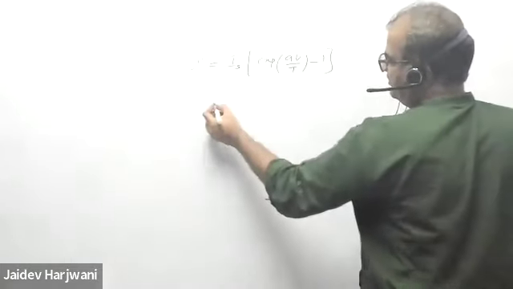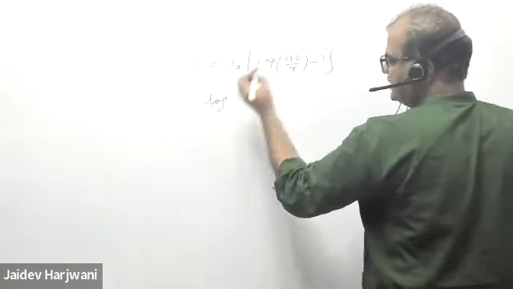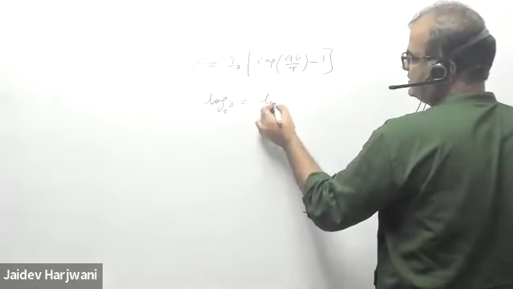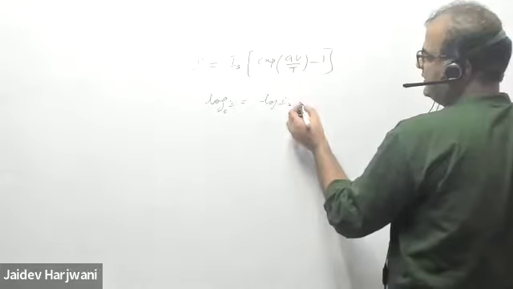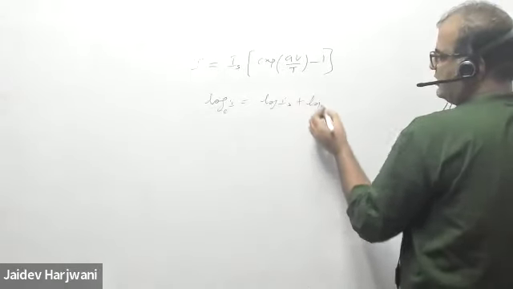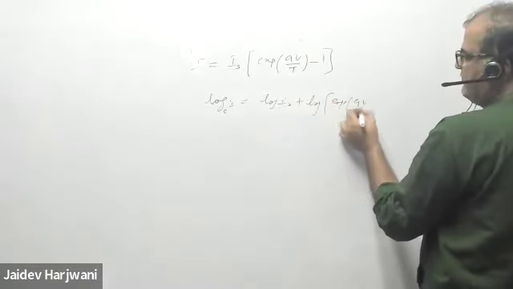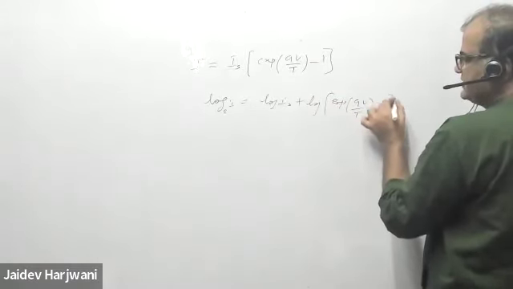So basically you have to plot; options are given in the log form. So I can say this is log IS plus log (exponential AV/T minus 1).